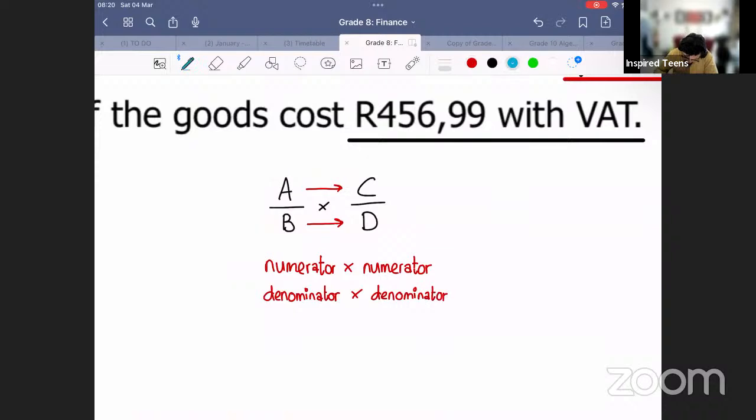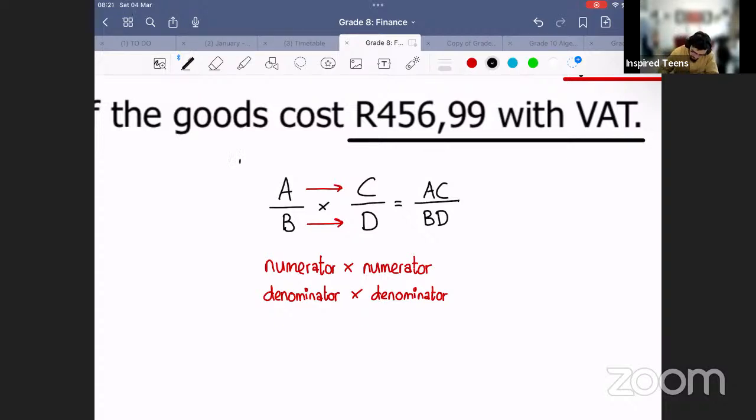So in this case, if I want to multiply out this fraction, I'm going to say numerator by numerator. So A times C is AC. B times D is BD. Does that make sense? I suspect that you guys have done it, but it's fine. We'll do a revision of it.